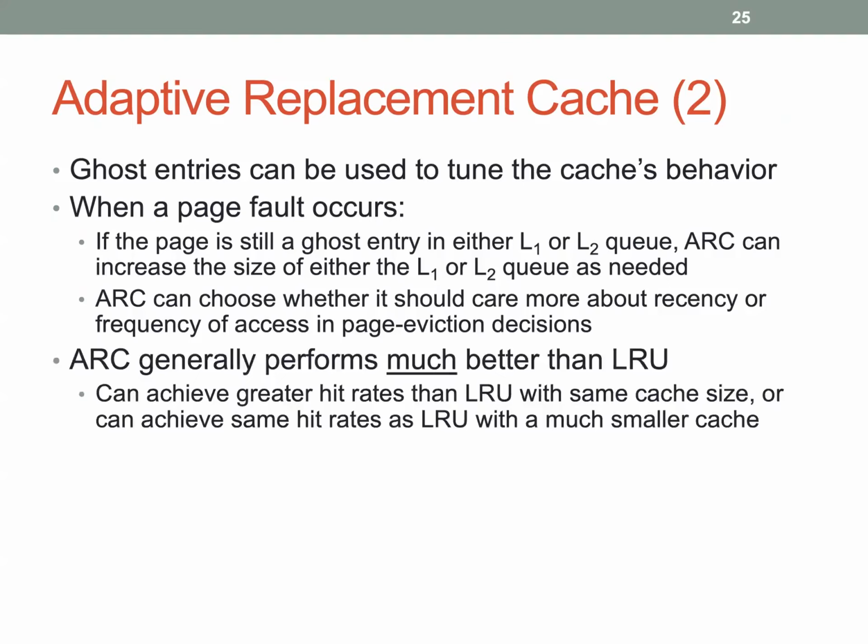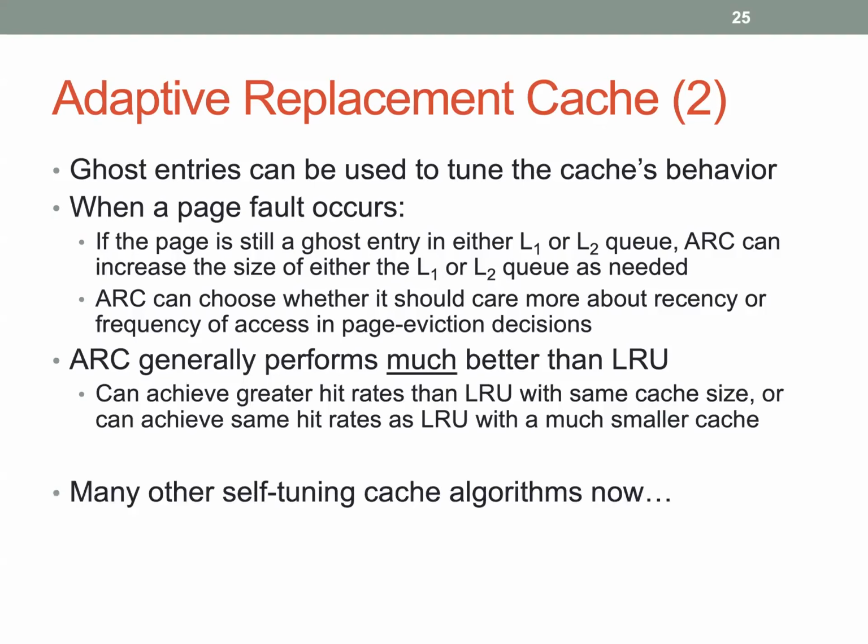And ARC kicks LRU's butt so hard it's not even funny. So if you want to look up ARC, not as a body of governance at Caltech, but also as a page replacement policy, you can see some of the research papers that show how incredibly well this performs. So it's just really neat.